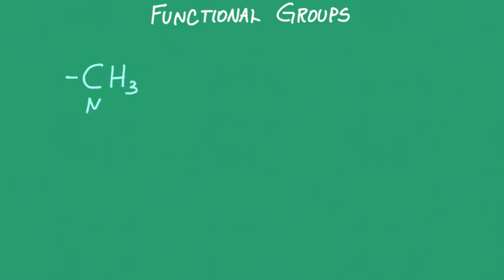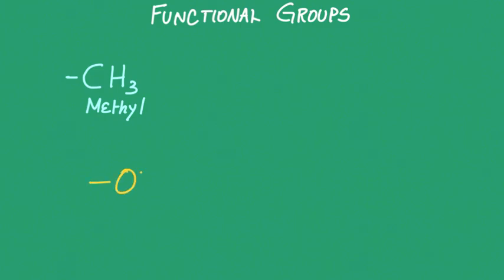Atoms have electrons that help them to interact with each other. Similarly, organic macromolecules, which are very large, have functional groups that will help them to interact with one another. There are several types of functional groups.